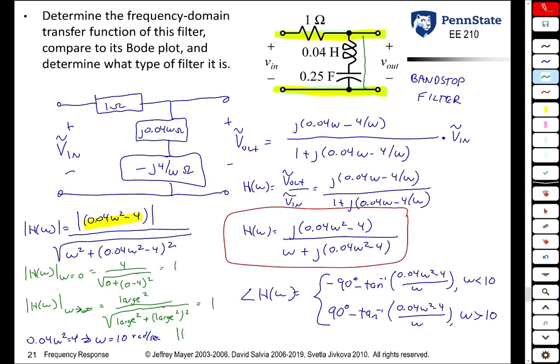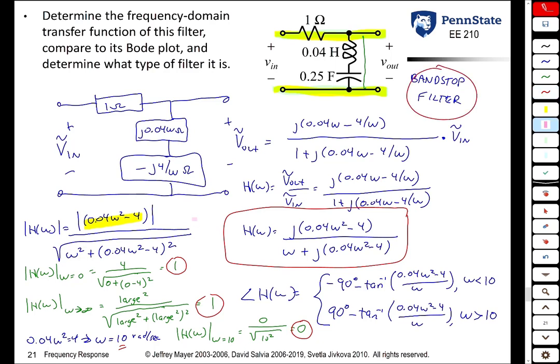We get h of omega equal 0 over the square root of 10 squared, or 0. So once again, we see that at low frequencies, we get a gain of 1. At high frequencies, we get a gain of 1. And at this one middle frequency, we get a gain of 0, or a bandstop filter.